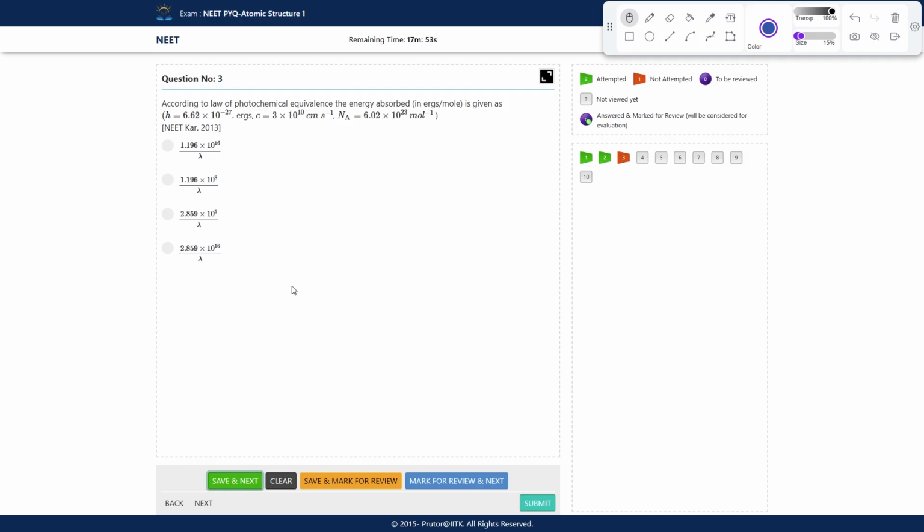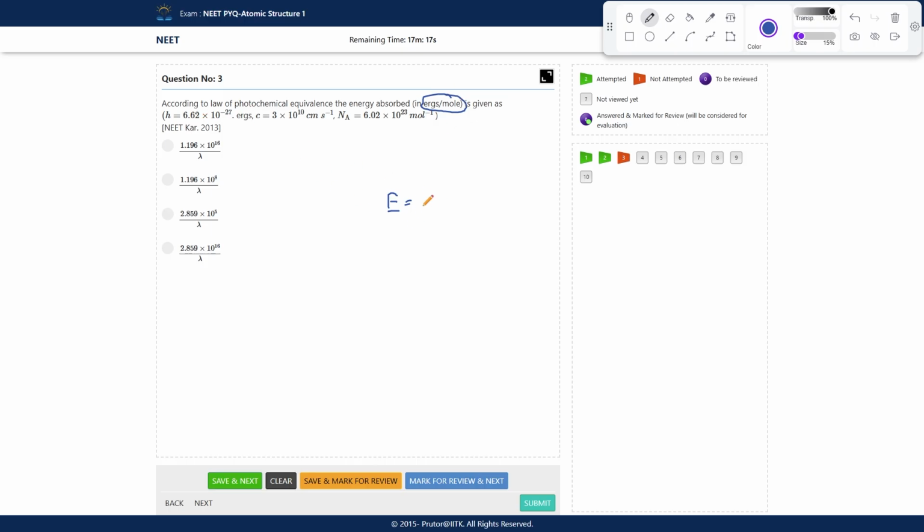According to the law of photochemical equivalence, the energy absorbed is given by, so we have the value of h here, we have the value of c given here, and Na also given. So what will be the correct answer? How do we calculate this? So energy you have to calculate in terms of energies per mole.